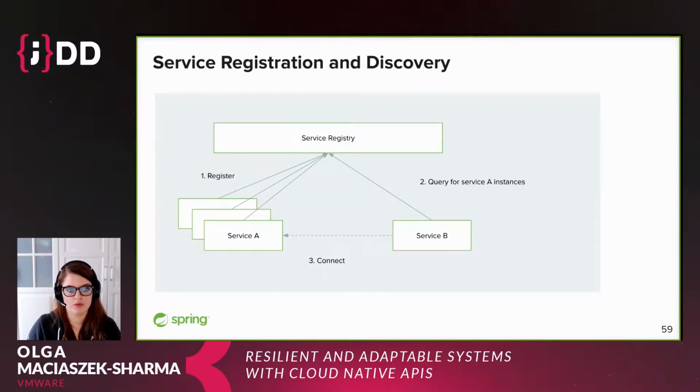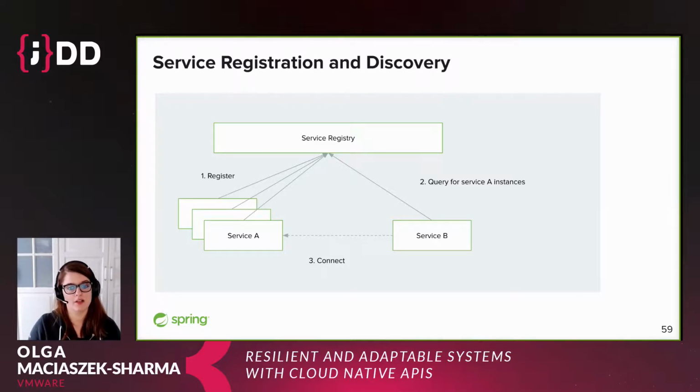A popular approach to solve this problem has been service registration and discovery, where we use a service registry where all the services register their instances, and the service registry also has knowledge about the health state of these instances.